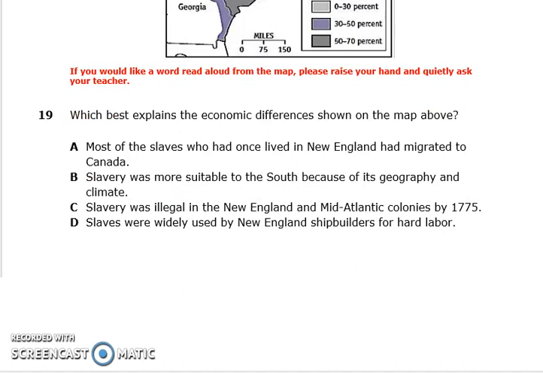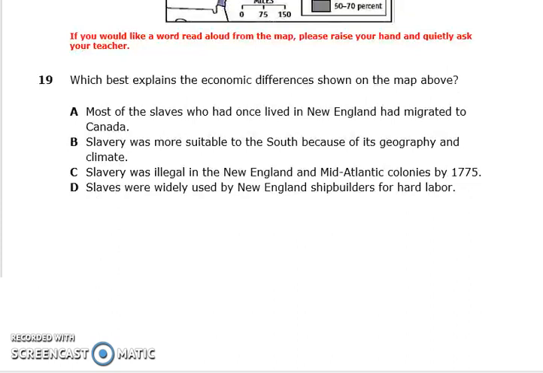Which best explains the economic differences shown on the map above? A. Most of the slaves who had once lived in New England had migrated to Canada. B. Slavery was more suitable to the South because of its geography and climate. C. Slavery was illegal in New England and mid-Atlantic colonies by 1775. D. Slaves were widely used by New England shipbuilders for hard labor.